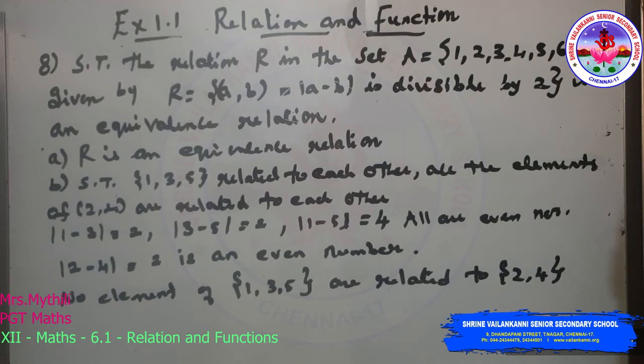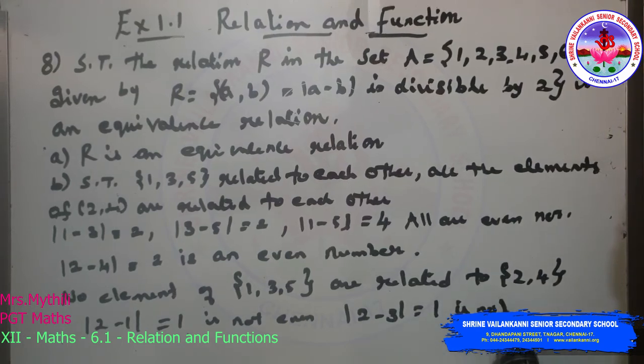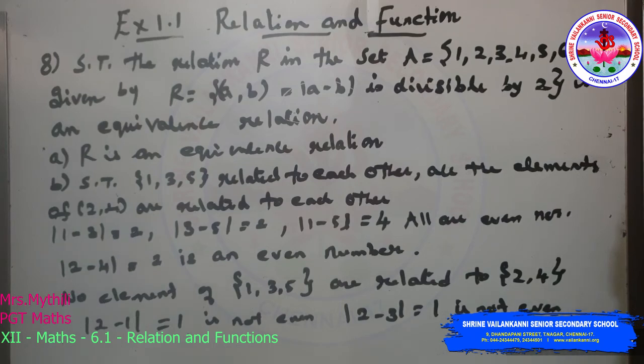Then no element of 1, 3, 5 is related to any element of 2, 4, because modulus of 2 minus 1 is equal to 1, which is not even. Again, modulus of 2 minus 3 is equal to 1, which is also not even. Then we say that no element of the set {1, 3, 5} is related to any element of {2, 4}.